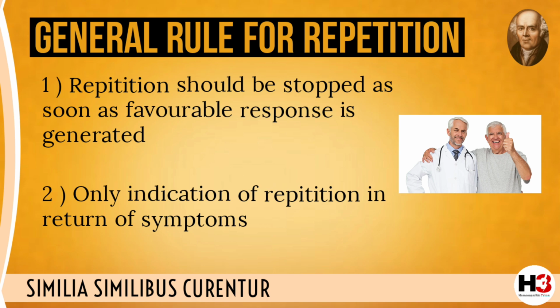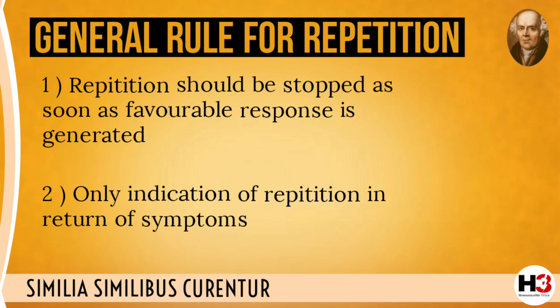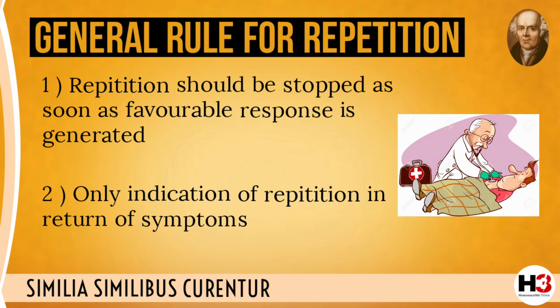As long as this desirable response continues, there is no need to repeat. The only indication for repetition is the return of the symptoms that had disappeared under the action of a remedy. For example, if a patient was better for some complaint for a longer period of time and is now getting that complaint again, this is the time to repeat the remedy.